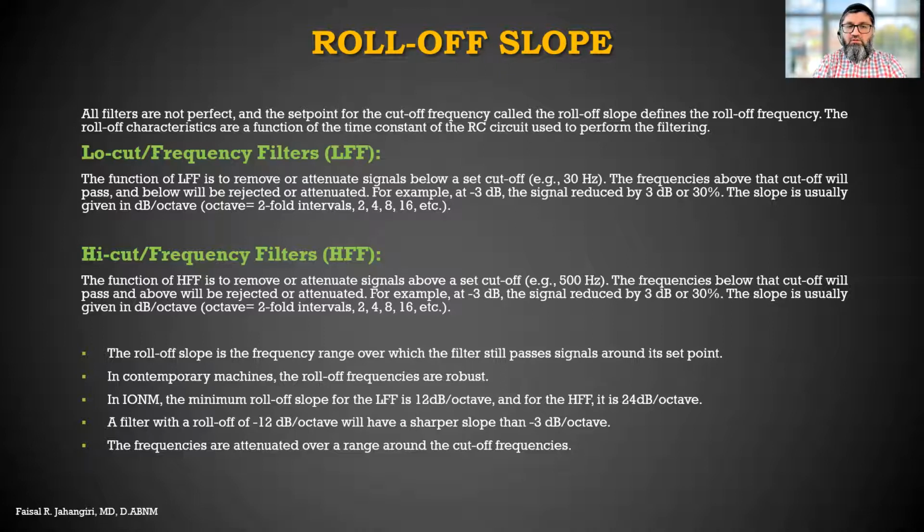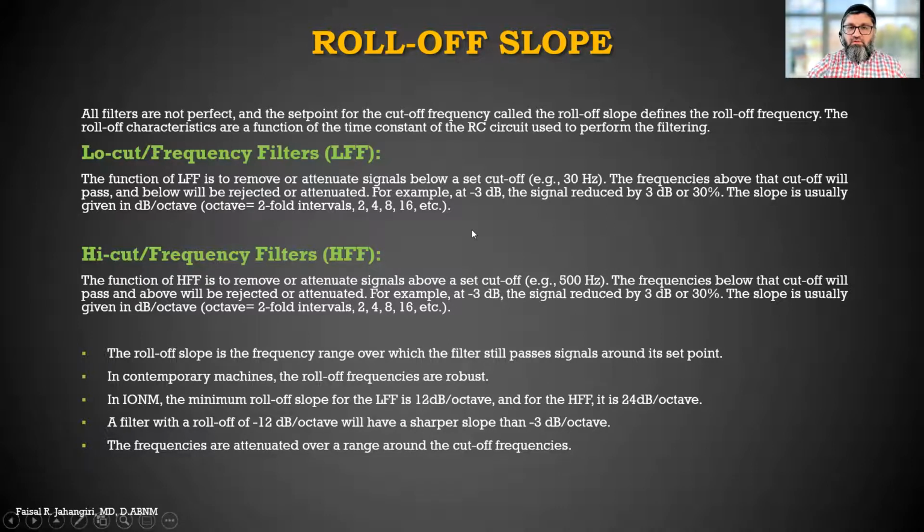A filter with a roll-off slope of minus 12 decibel per octave will have a sharper slope than minus 3 decibel per octave. So if the filter is decreasing the amplitude by minus 12 decibel per octave, that will have a much sharper cutoff as compared to minus 3 decibel. The frequencies are attenuated over a range around the cutoff frequency.